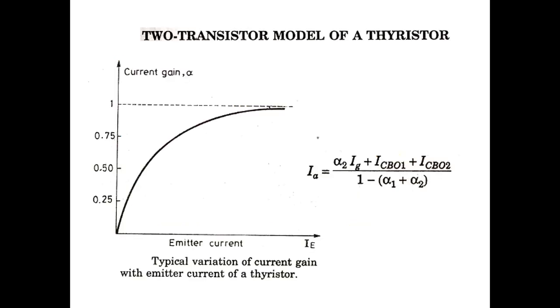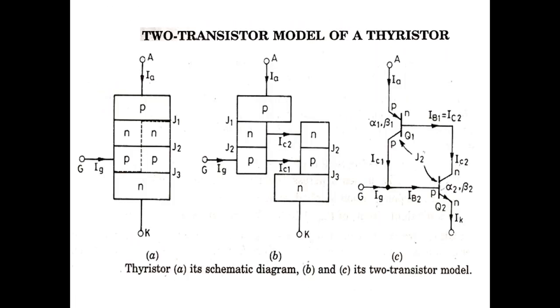So this is a graph drawn between the current gain alpha and the IE. When alpha is approaching unity, the anode current will be the emitter current. Here we can see the emitter current of the transistor Q2 is the cathode current, and the anode current will be equal to the emitter current of Q1.